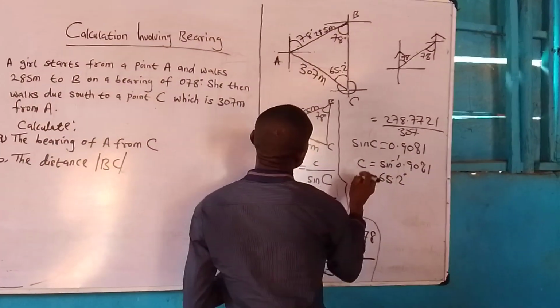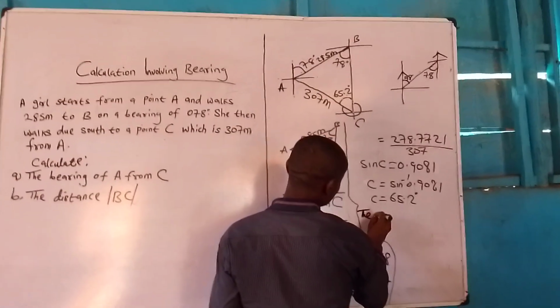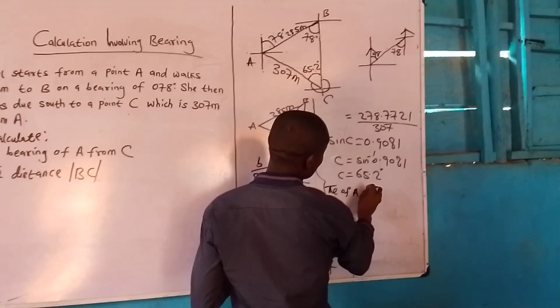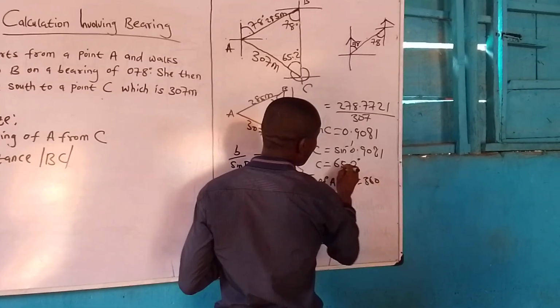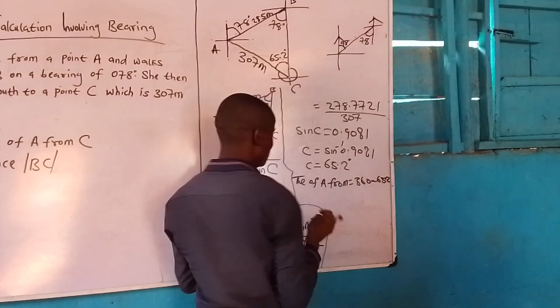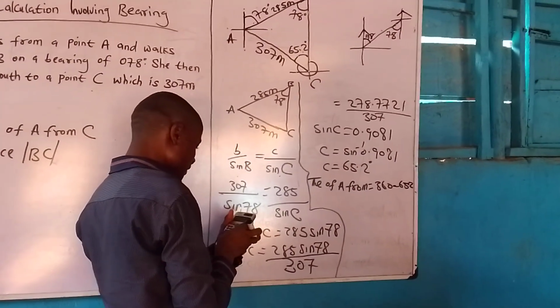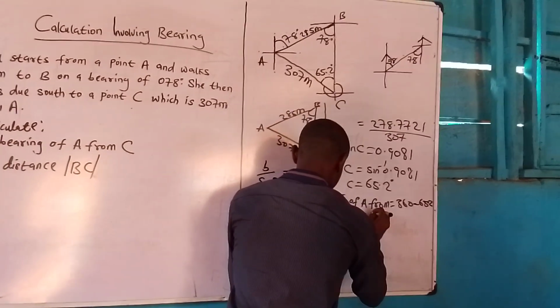Then we can just say that the bearing of A from C equals 360 minus this angle, 65.2. Just press in your calculator 360 minus 65.2. It will give us equal to what?